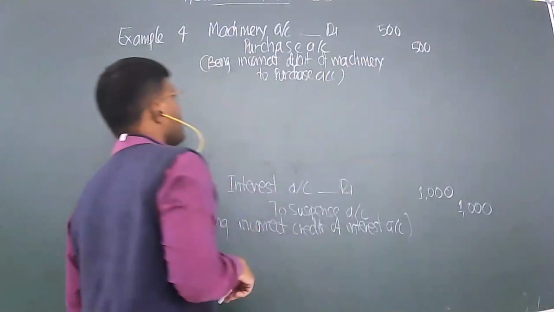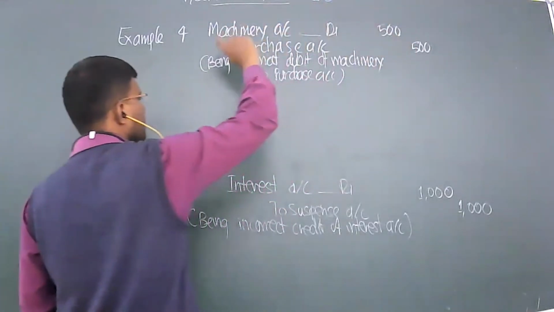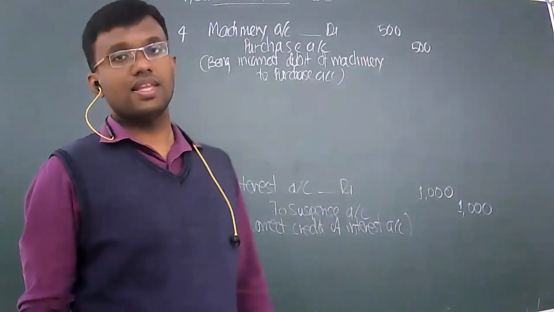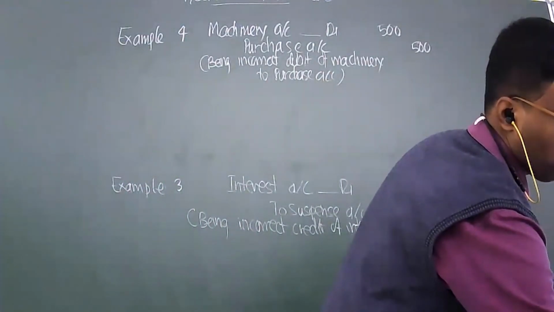So with that, we have completed this. Machinery account debited 500, purchase account credited 500, and with that we have completed the solved examples. With that note, we have completed the solved examples.